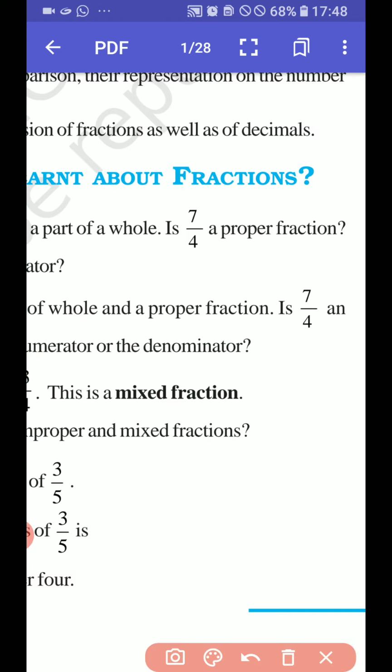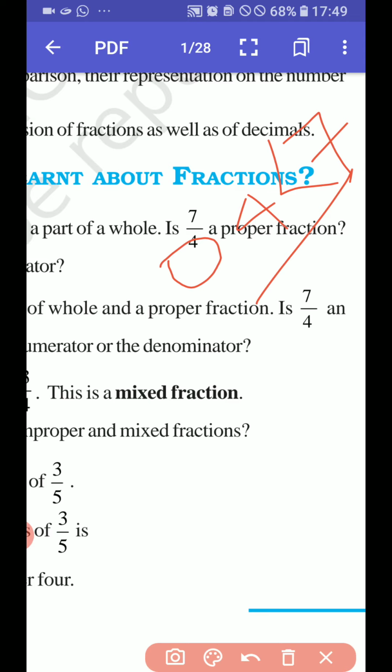Since the denominator of 7 by 4 is 4, which is less than the numerator, 7 by 4 is not a proper fraction. It is an improper fraction.